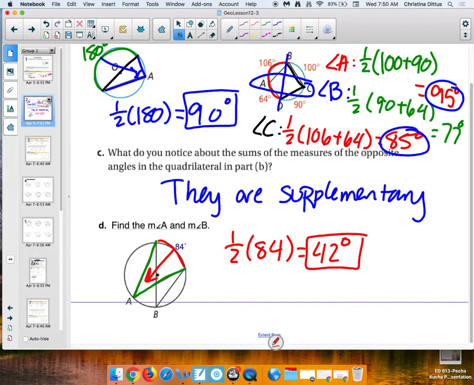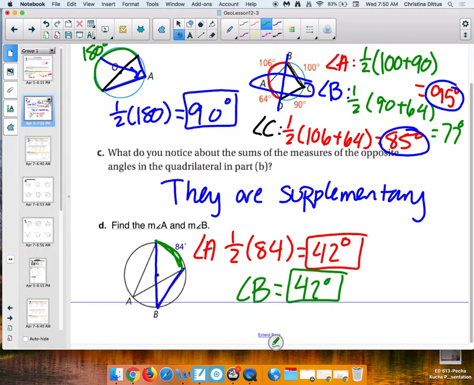So that's angle A. And you'll notice, when I do angle B, it intercepts that exact same arc. So let's take a wild guess about what angle A and angle B have to be. The same. I could do that math again, but no matter how many times I do the math, it's the same answer.